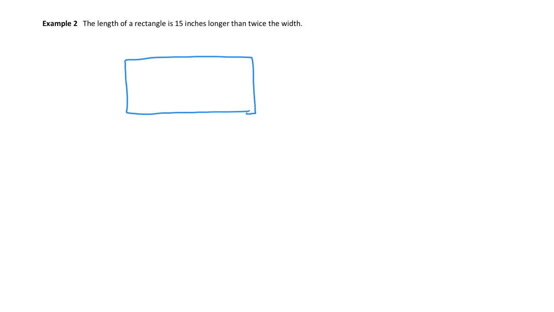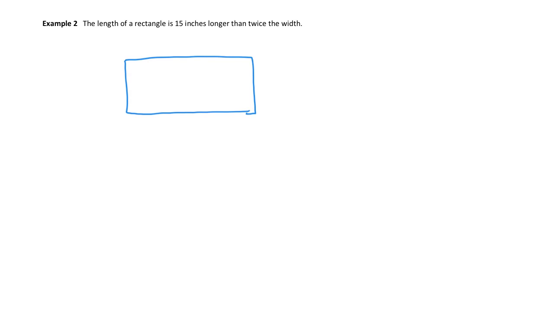With the way I'm drawing it here, this would be the width, the distance of this side, and this side's going to be its length. I don't really know if this is to scale with what's happening in the problem, but we're saying the length, this side here, is 15 inches longer than twice the width, which is this side.